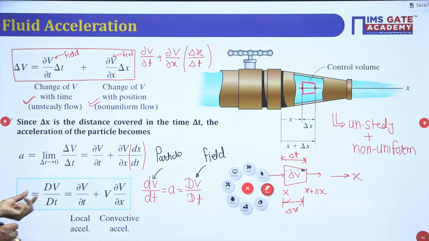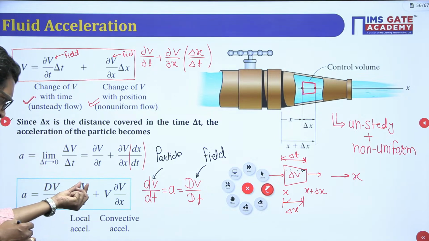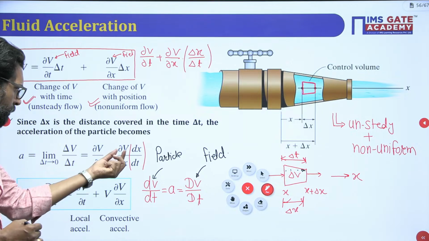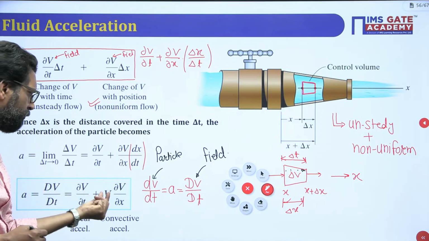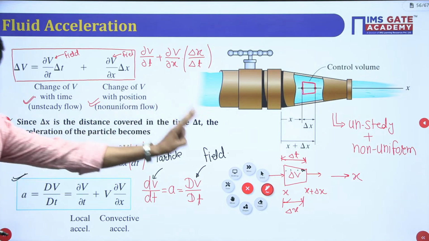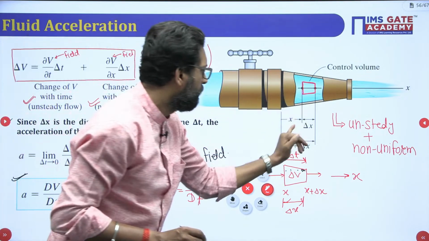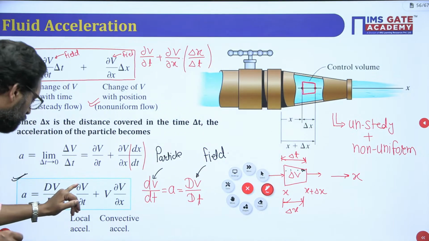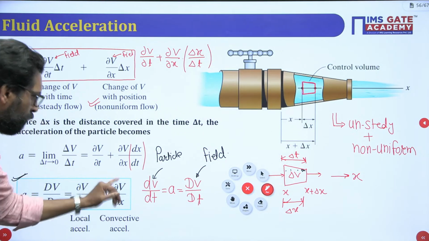So a for the particle is equal to the derivative for the field with respect to t, plus v into dx by dt, which is v, times del by dx. So the acceleration of this fluid particle when it is flowing from this position to this position is dou v by dou t plus v dou v by dou x.